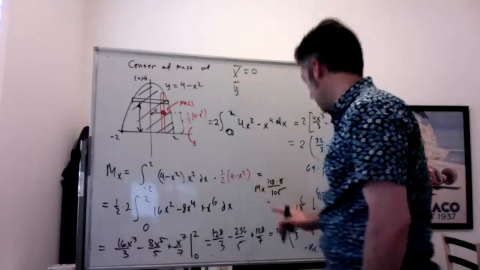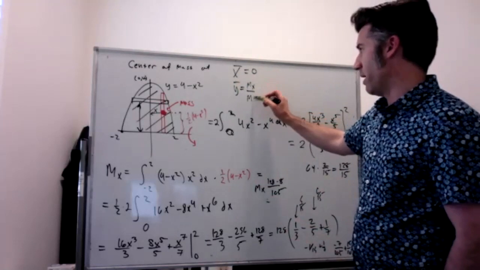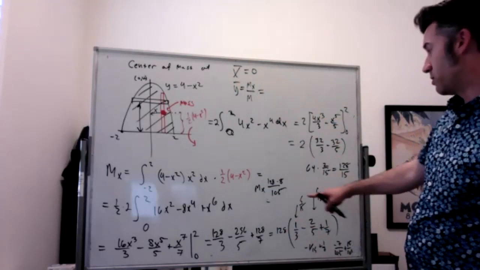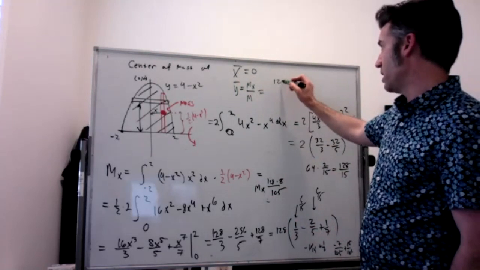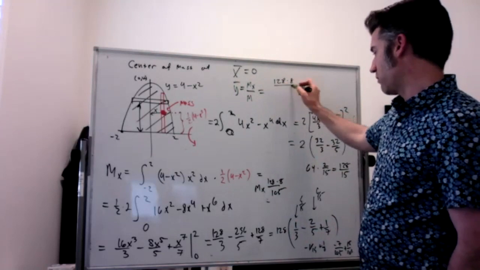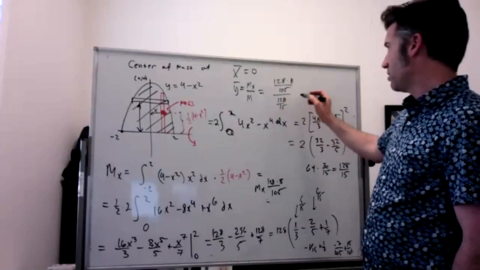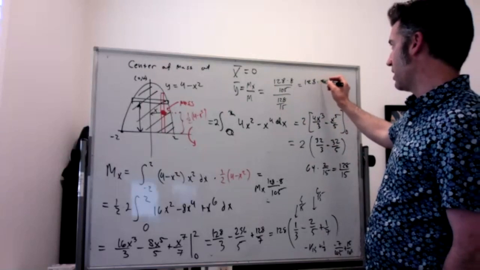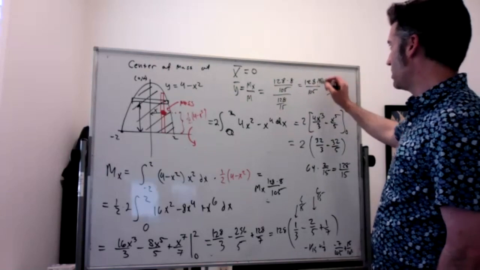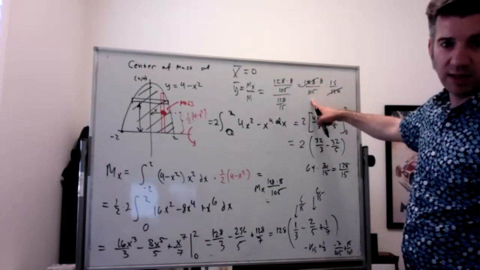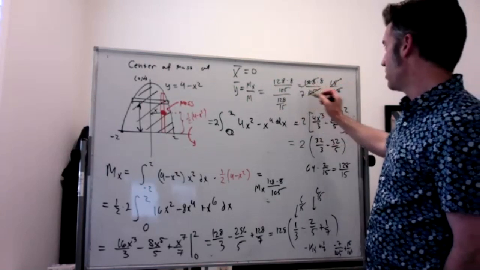Our y coordinate is the moment around the x-axis divided by the total mass, which in this case was this terrible number here, 128 times 8 over 105, divided by this, 128 over 15. So let's flip and multiply. It does turn out to be kind of nice. Times 15 over 128. 128's cancel. 15 over 105 reduces to 1/7. Right? 15 times 7 is 105. So we get 8/7.